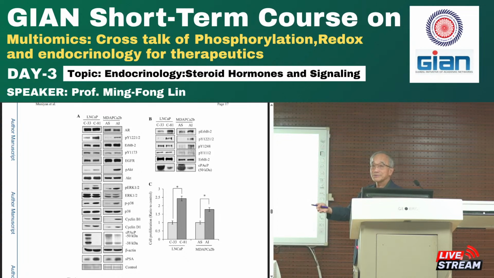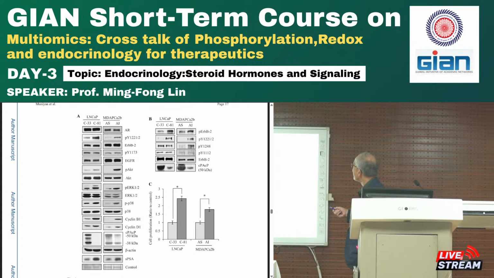So that's the data I showed you in the morning, there's a strong inverse correlation between the PAP and the ERB2 phosphorylation. One went up, one goes down. Then we show the data is PAP regulates ERB2. So this shows exactly that ERB2 is a key point.